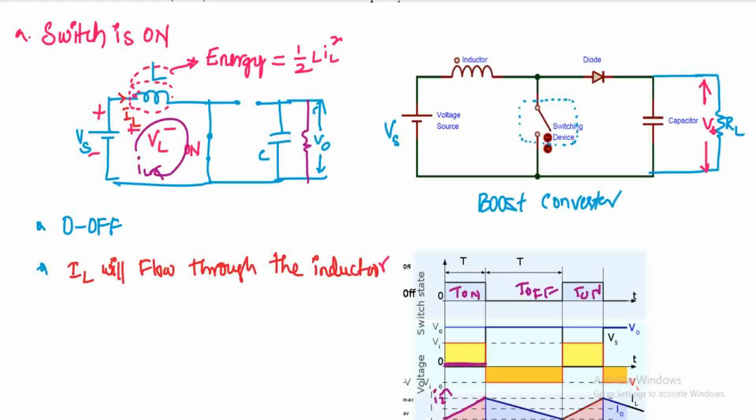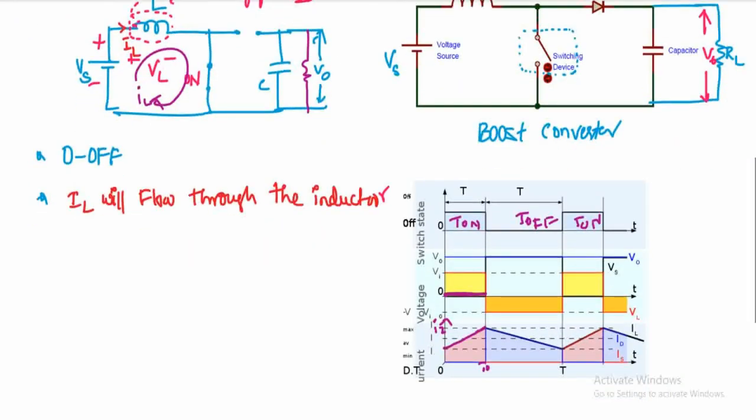As the current through the inductor increases, the magnetic field will expand, which stores the energy. The terminal voltage will be plus or minus VL. Applying KVL: minus Vs plus VL equal to 0, so Vs equals VL, where VL is the voltage across the inductor.